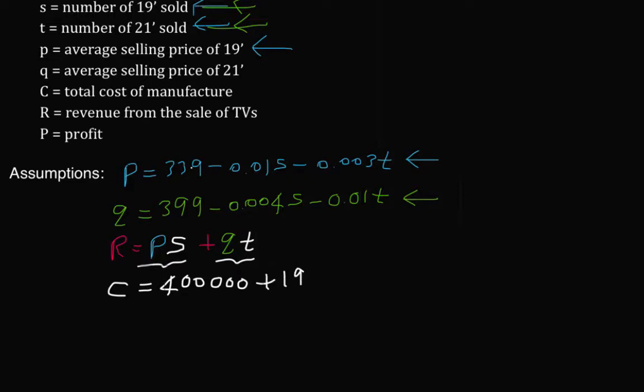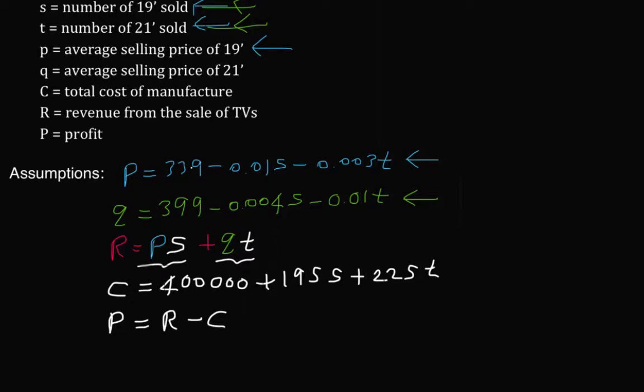How many TVs do they have? S number of TVs. Then similarly for the 21 inches, it is 225. How many TVs? T number of TVs. Therefore, add T. Then let me write down the profit. How do we write the equation for the profit? Revenue, income, minus cost. So this is the profit function.